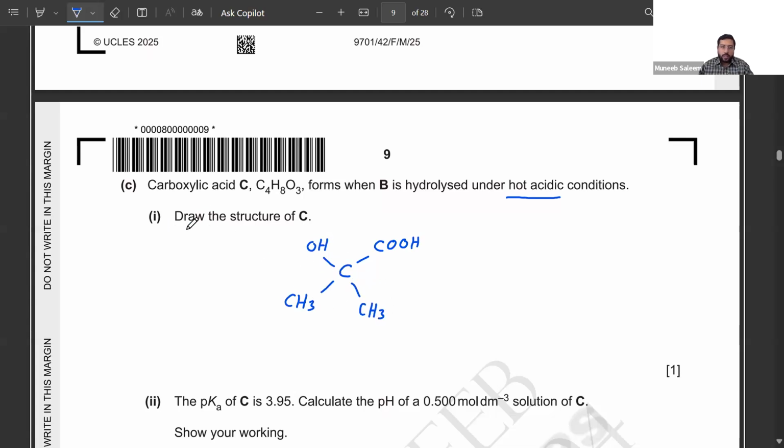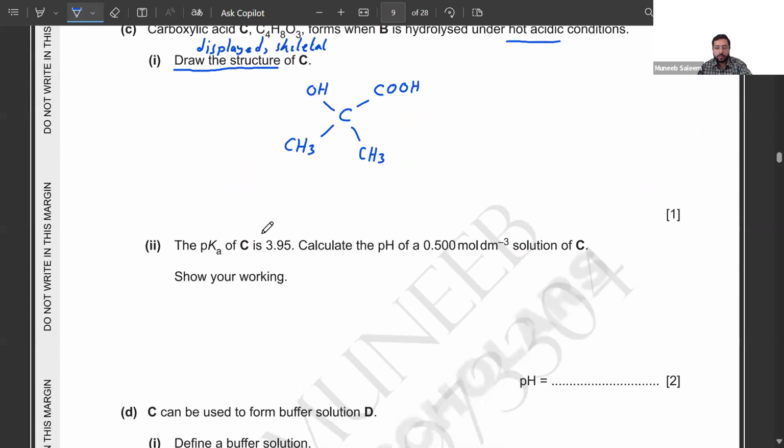They are intact. They said to draw the structure, which means they are not referring to displayed or skeletal, so it's up to you. You have your own choice to draw the structure in this manner, but do not write the molecular formula or empirical formula because that will become an incorrect answer.